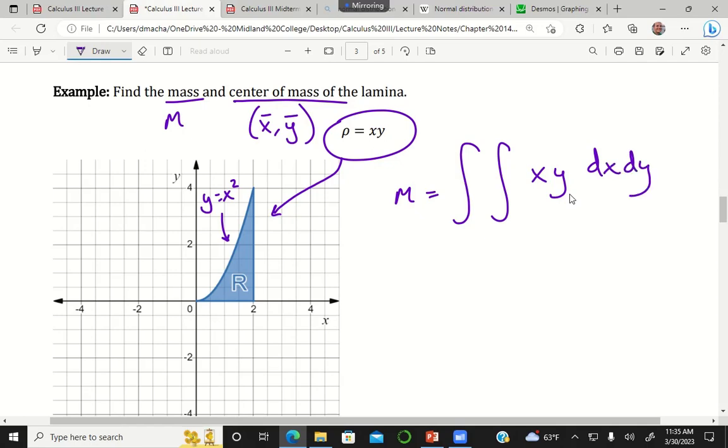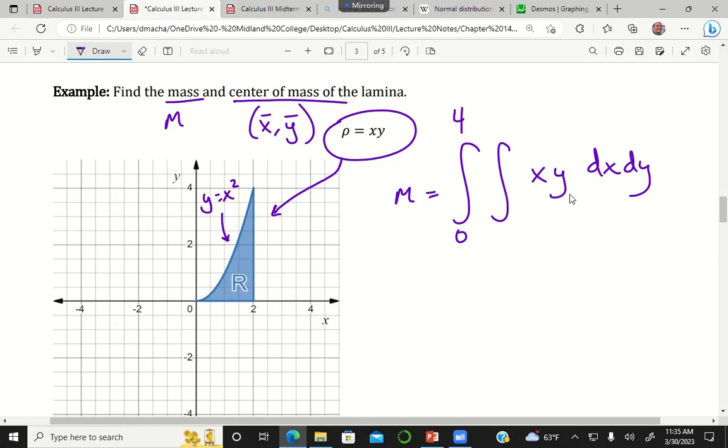And I'm going to allow my x values to be anywhere between, let's say, 0 and 2, and my y values to be anywhere between, actually, let me change this order of integration. And, well, actually, let me not change the order of integration, because this is a good learning moment. I'm going to let my y values be anywhere between 0 and 4.